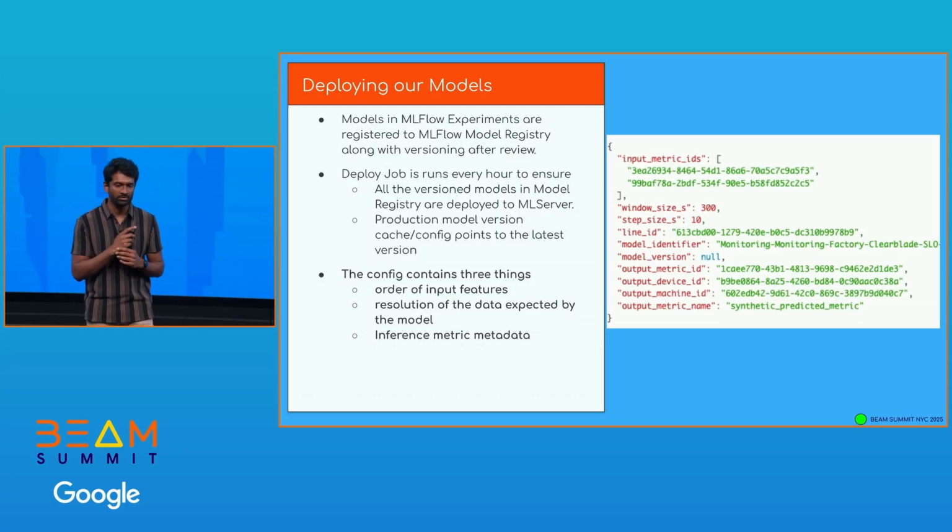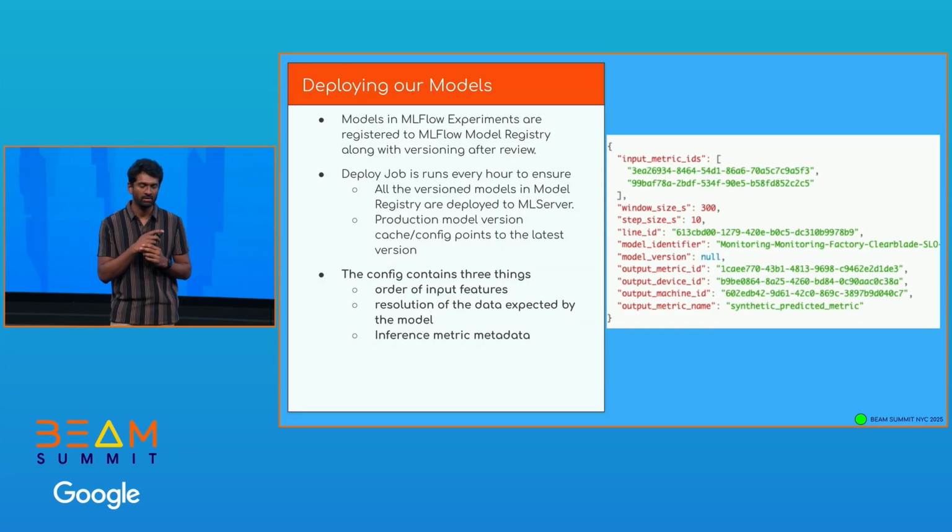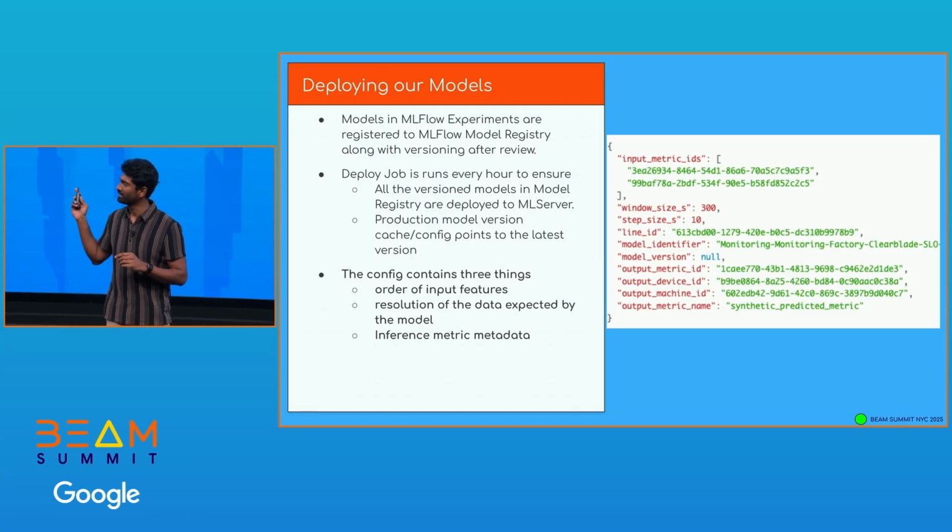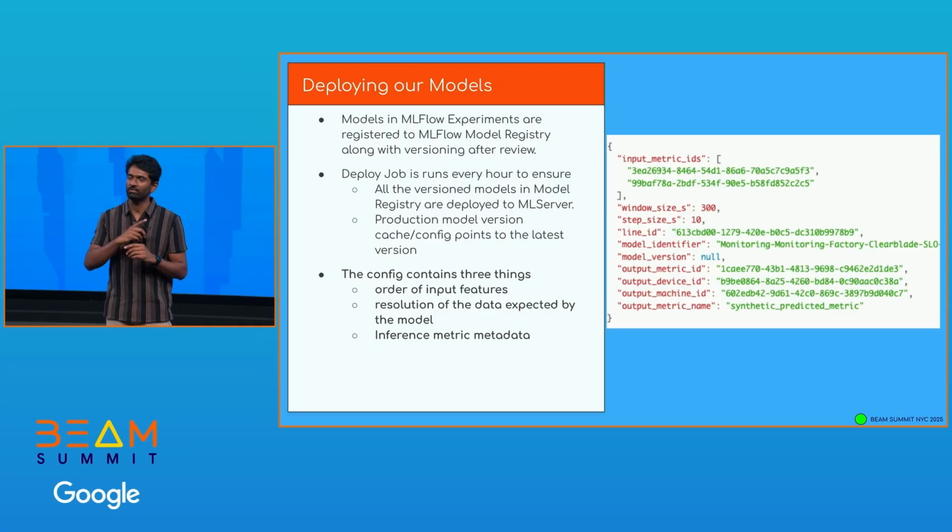So all that information is stored within here, and also the resolution of the data. This defines how much time-shifted features we support in the real-time streaming scenarios. As an example here, we can support up to 300 seconds of time-shifted features. And also, once we have that inference, we want to store that somewhere.